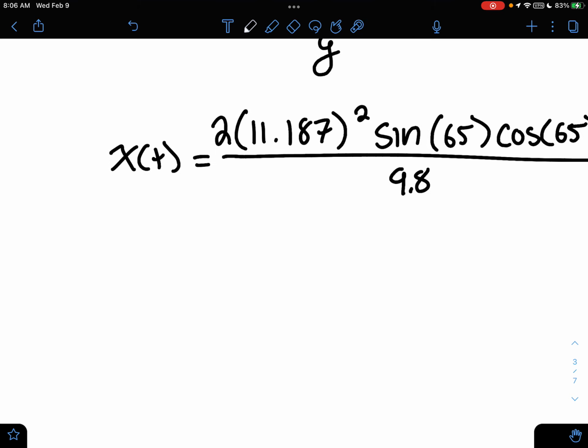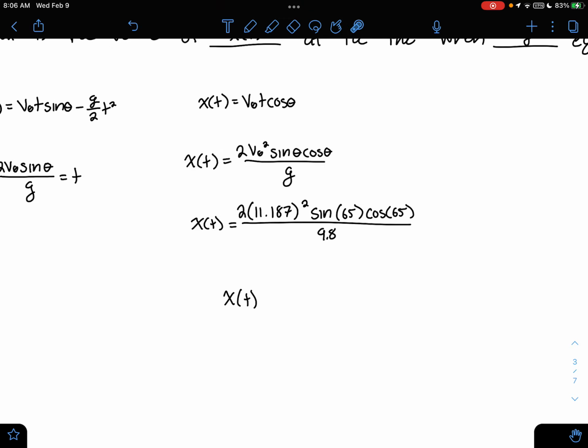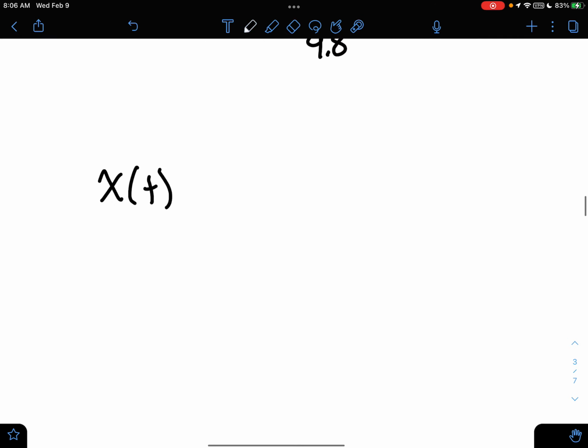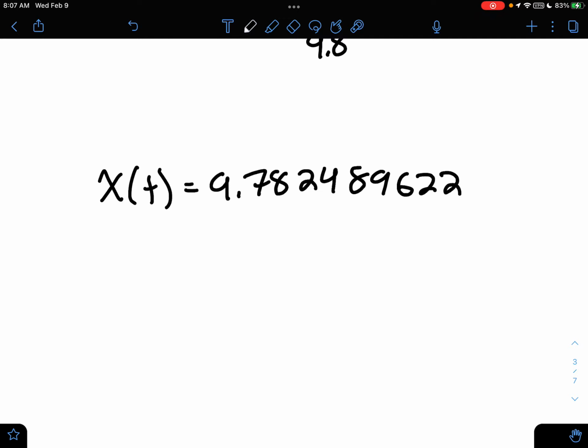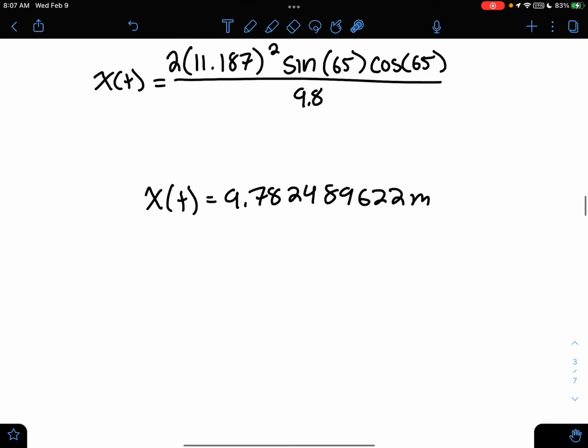And when I punch that into my calculator, I'm going to get that at the time when y equals 0, our x is going to equal around 9.7824896222 meters. And again, units, very important. I kept everything in base units, so that's going to be our final answer for where the boot lands the second time around.